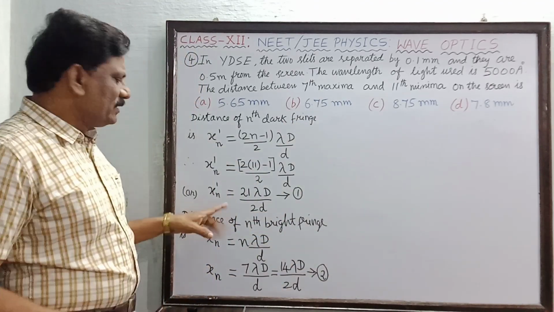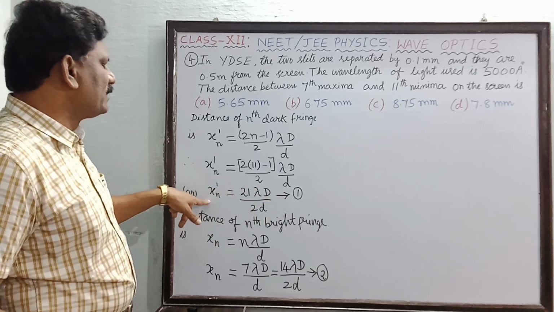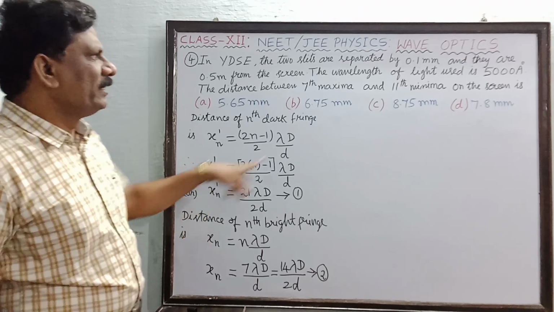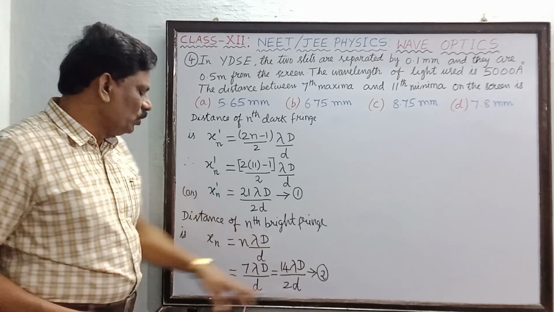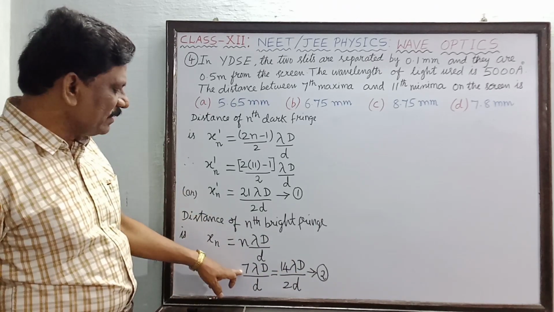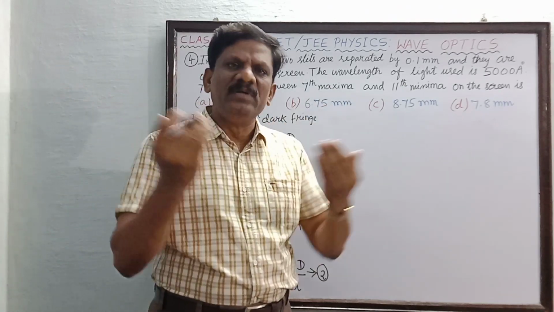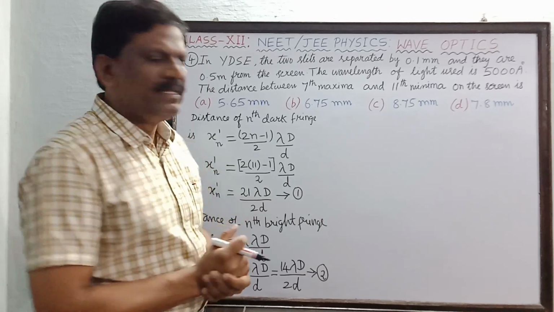So my dear students, we have got the two conditions. Equation 1 is the distance of the 11th minima from the center, and equation 2 gives the distance of the 7th maxima from the center. The distance between the 7th maxima and 11th minima is asked.